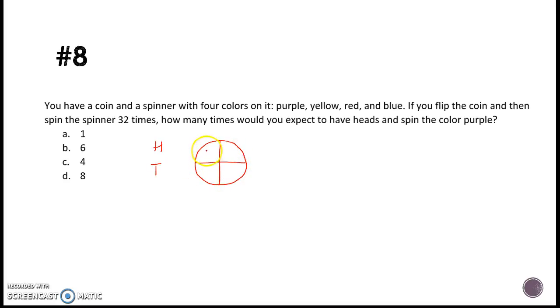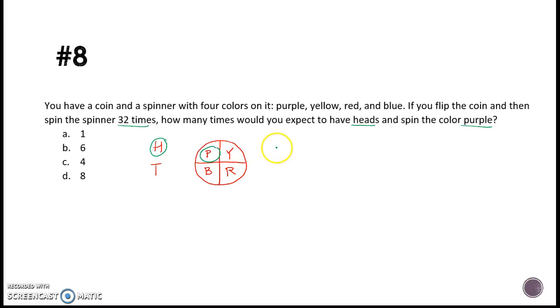And it says purple, yellow, red, and blue. So we're looking for heads and purple, and if you flip the coin and spin the spinner 32 times.